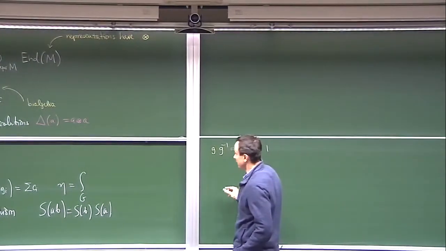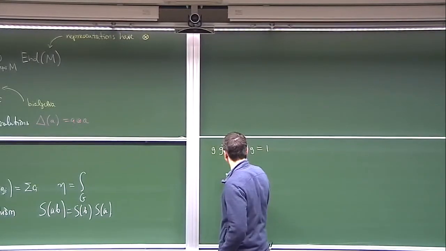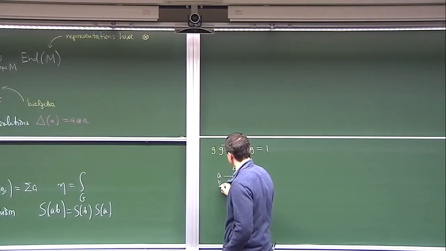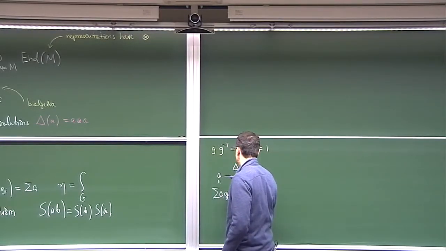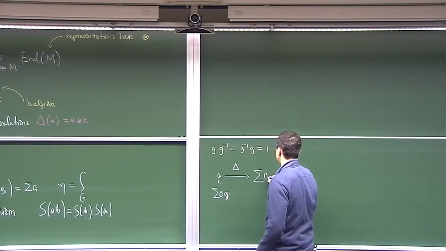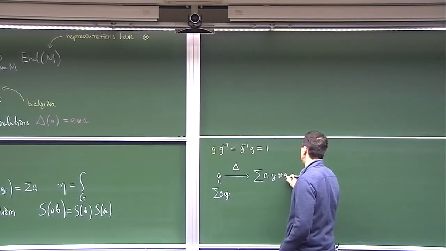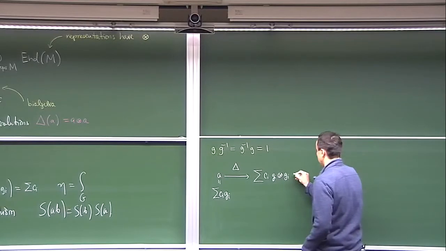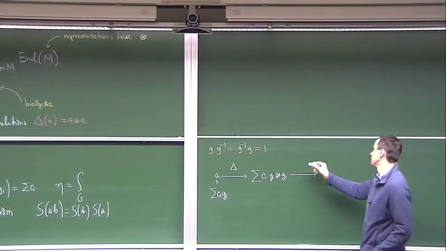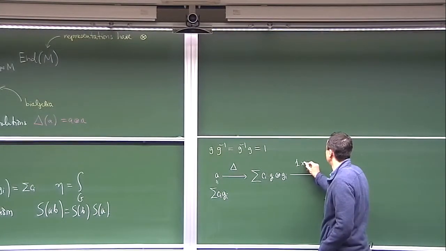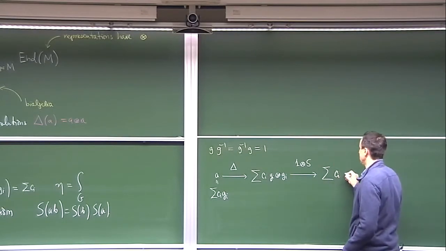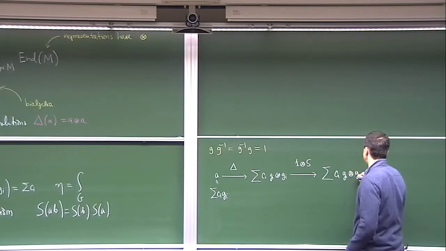It means if I take any element A, say the sum of ci gi, and apply the coproduct, I get the sum of ci gi tensor gi. Then I can take the antipode in either of the factors. It doesn't matter in which one. Say I take 1 tensor antipode, so I get the sum of ci gi tensor gi inverse.